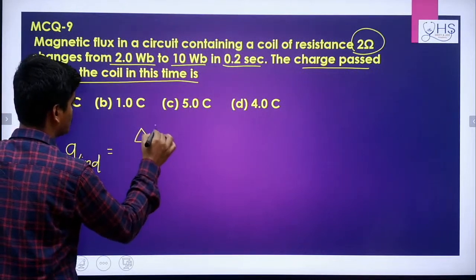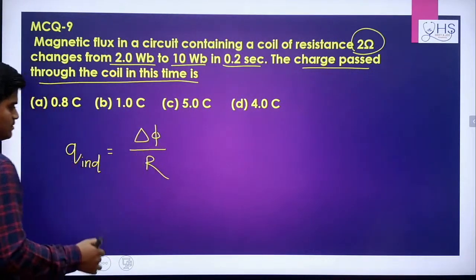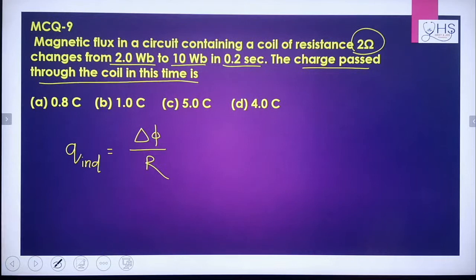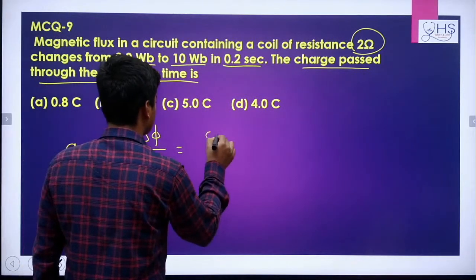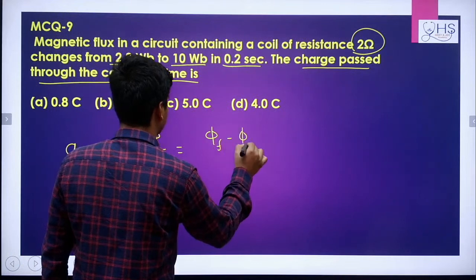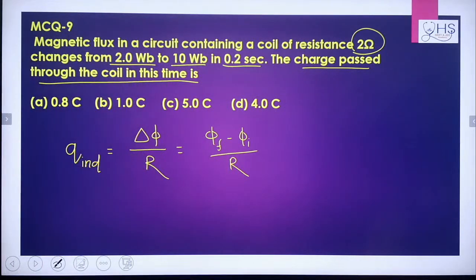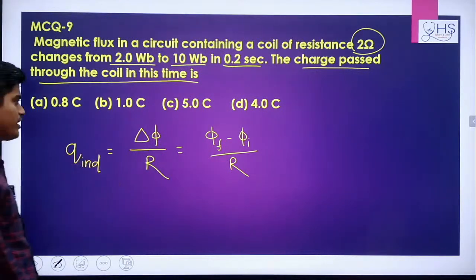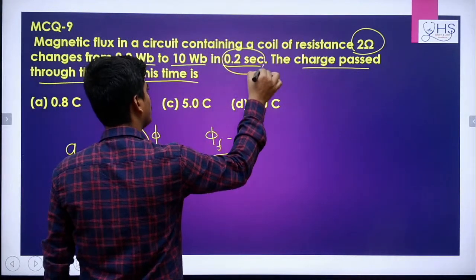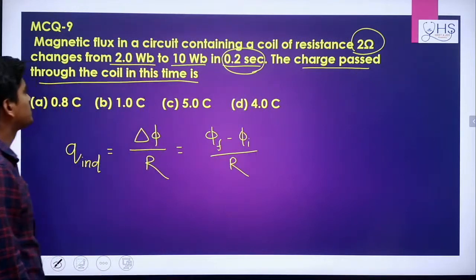Change in flux by resistance. You already know the induced charge formula is change in flux by resistance, and you can also say final flux minus initial flux by R. But you see here no time term is there, so no need to consider it.